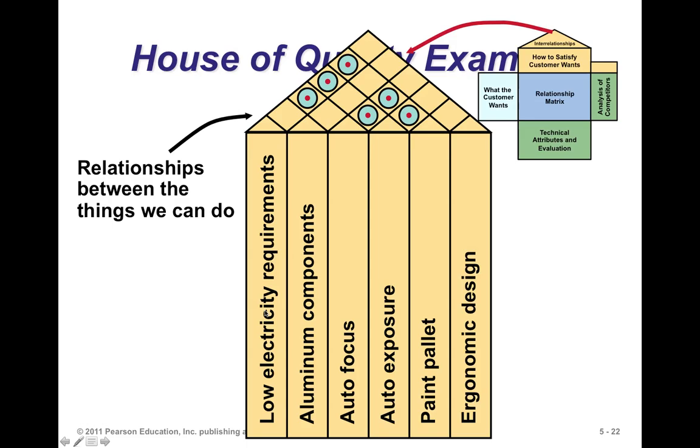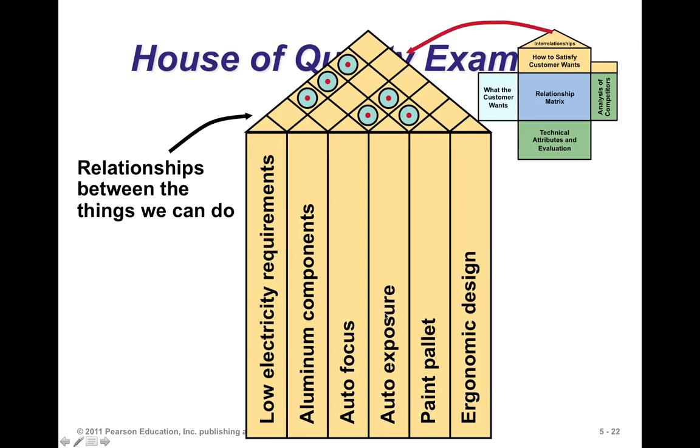For the electricity requirements and the autofocus, there is a major relationship between those, because clearly, to focus the camera we need power. So those two things would be highly related. From a design standpoint, you just need to be aware of that. Depending on how quickly you want to be able to focus, your focus time, it would have implications for your electricity requirements.